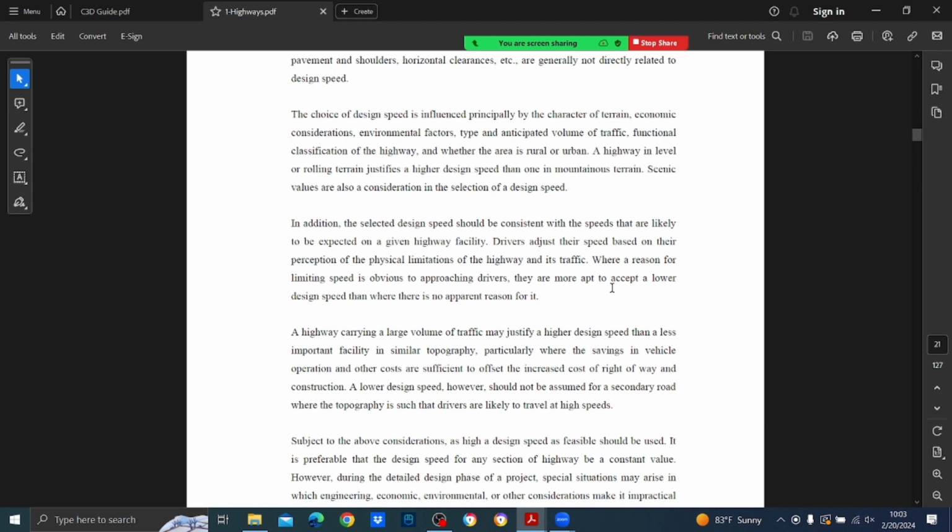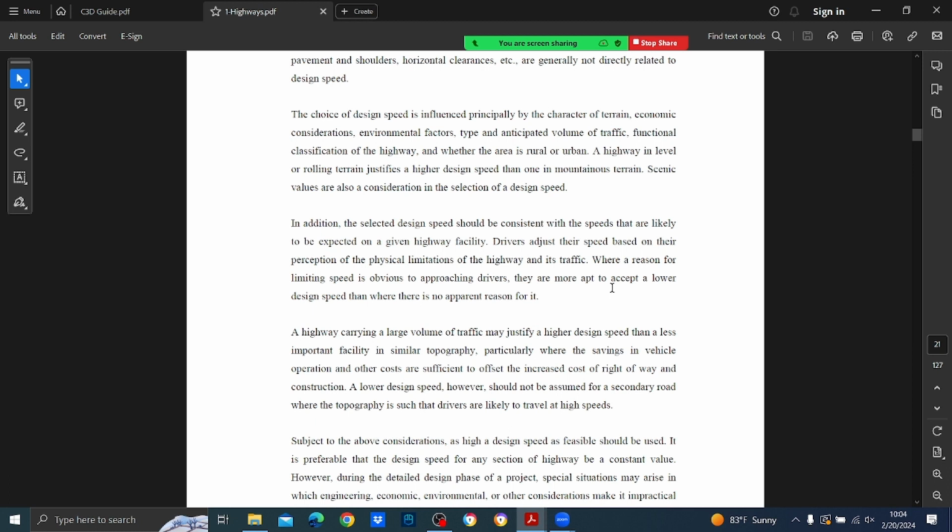This is your speed. But practically speaking, what drivers do is, as human beings, when they are trying to drive, they try to understand whether it is safe for them to travel at this speed. If they feel it is safe, they will go. Otherwise, they don't.